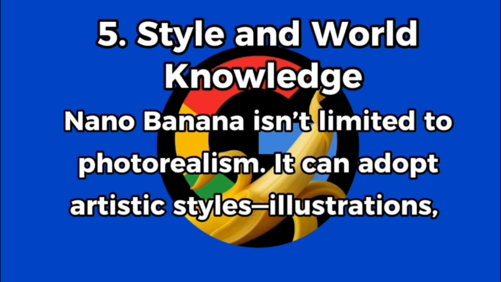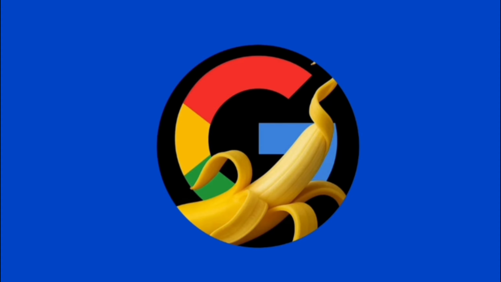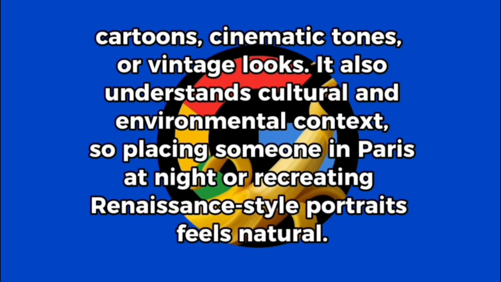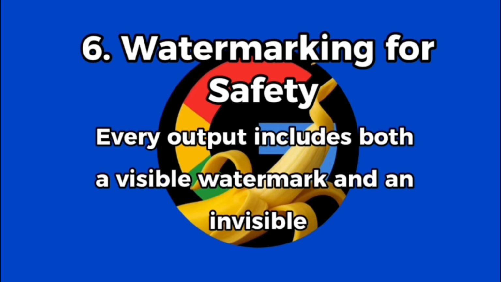5. Style and world knowledge. Nano Banana isn't limited to photorealism. It can adopt artistic styles, illustrations, cartoons, cinematic tones, or vintage looks. It also understands cultural and environmental context, so placing someone in Paris at night or recreating Renaissance-style portraits feels natural. 6.